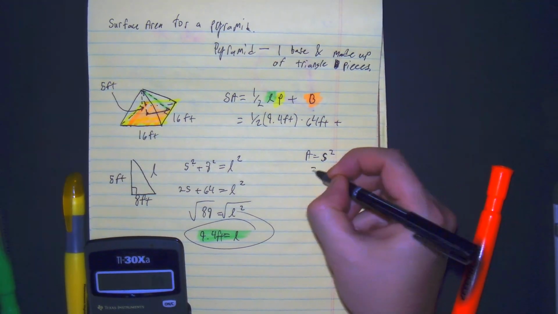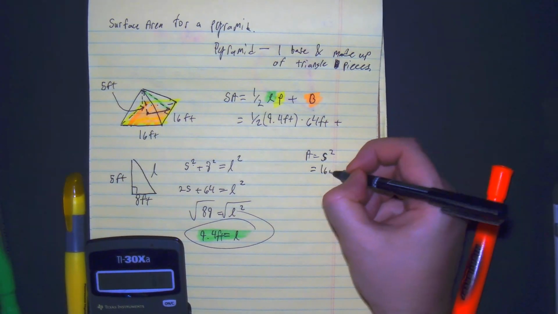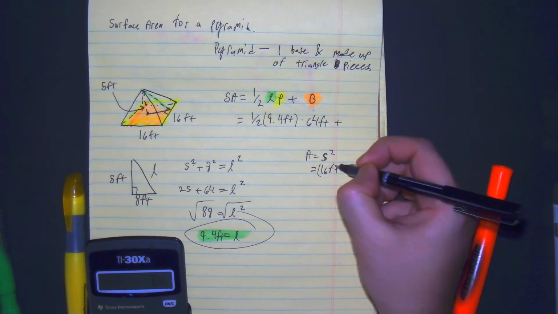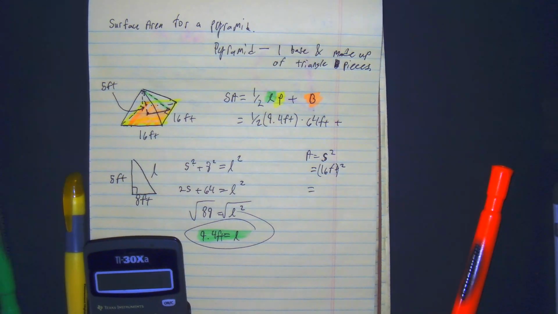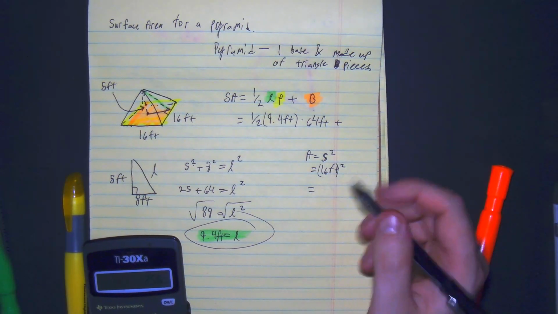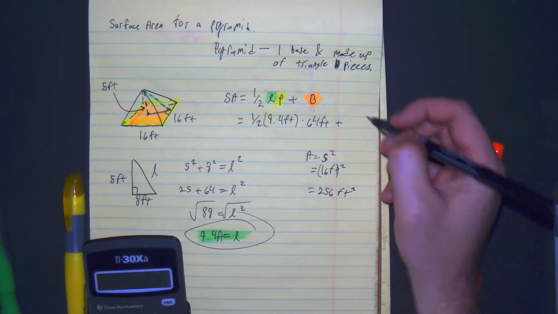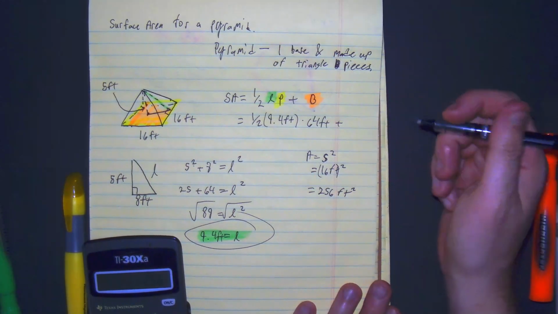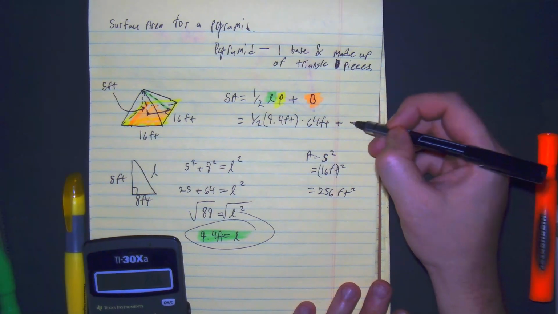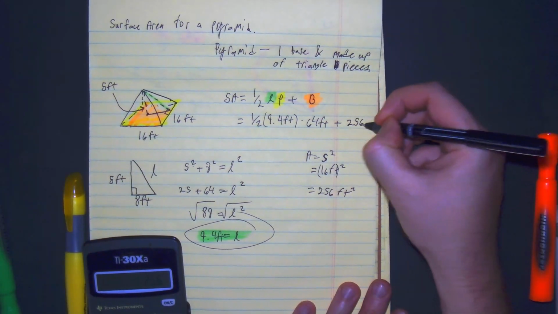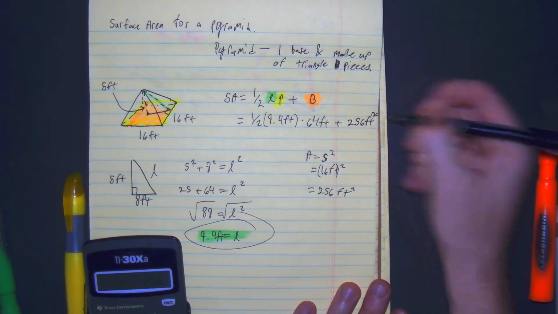So you would just do 16 feet squared, which would be equal to 16 squared, 256. We just did that. 256 feet squared.